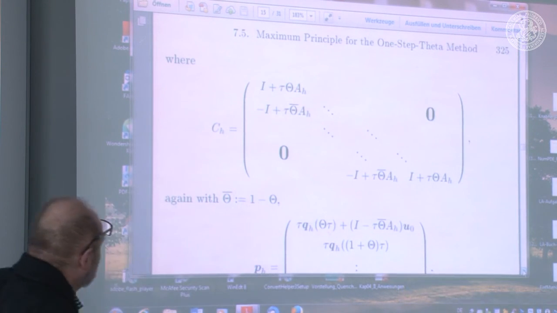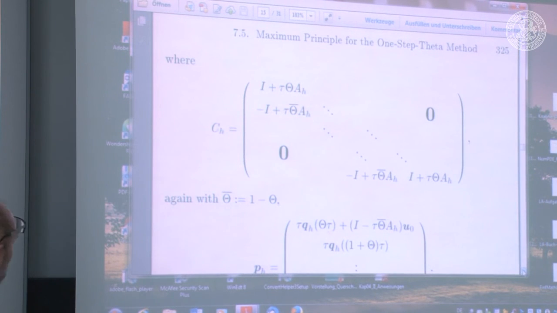looks like that. It's a lower triangular, block triangular matrix in the sense that the first time level does not depend on any other time level. It depends on the zeroth time level, but that is part of the data. The second time level only depends on the first time level, and so on.